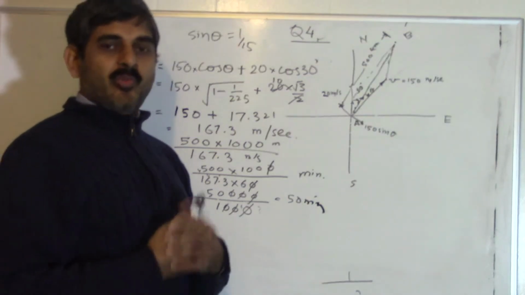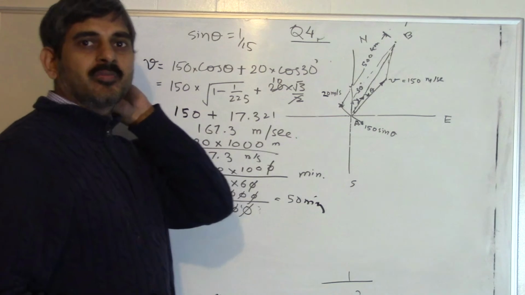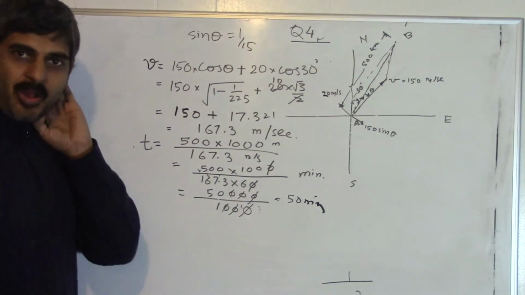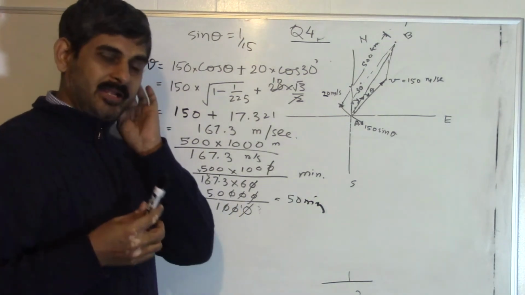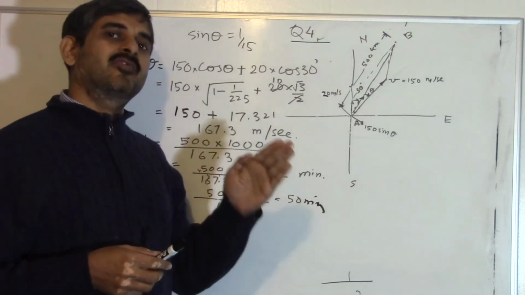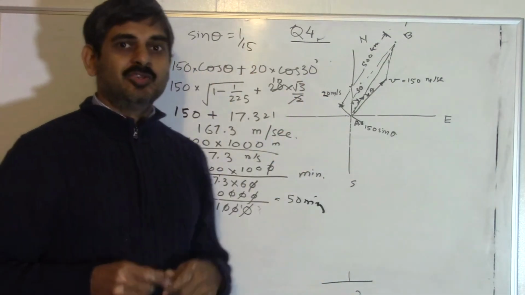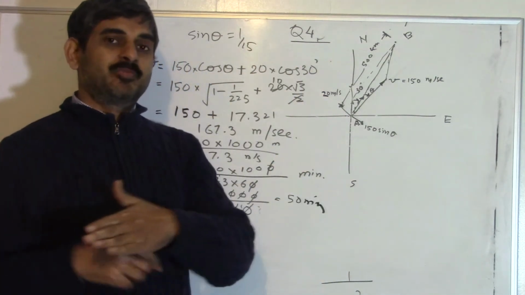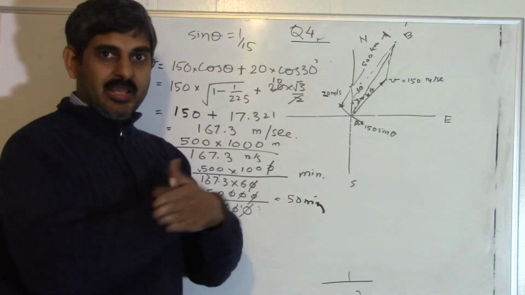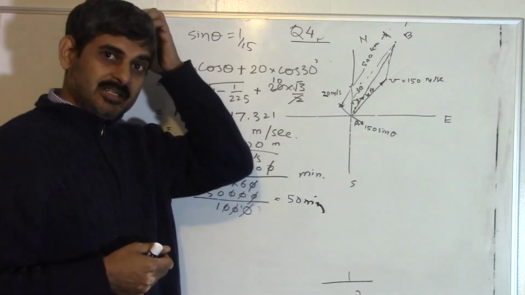This is the same for the boat problem, and this is the same for the aeroplane problem or any other problem. Just keep in mind that the direction will be determined by the velocity component in that direction, and in order that it is moving in that direction, the perpendicular components, if there are any, have to cancel each other, and that is the condition.